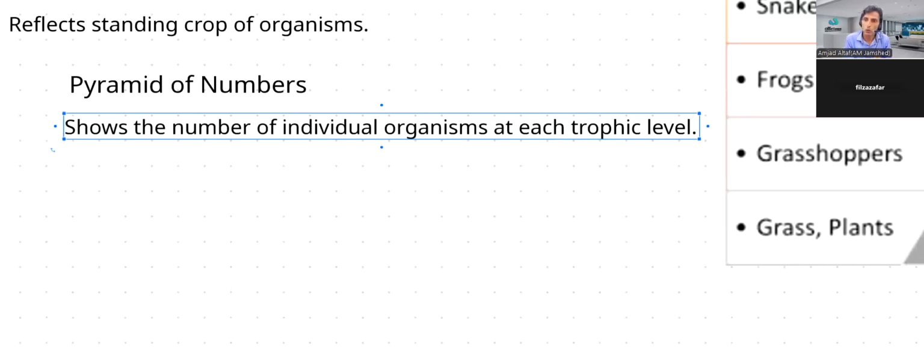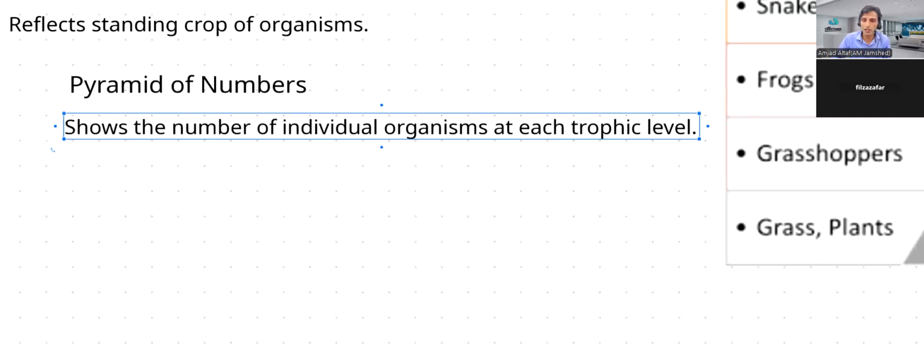But it is simple and quick to construct, which is why we always consider the pyramid of number as well. For example, the forest food chain: one tree versus thousands of insects. That's an inverted case.